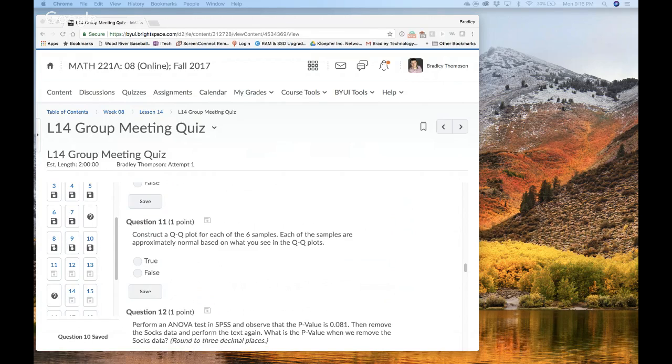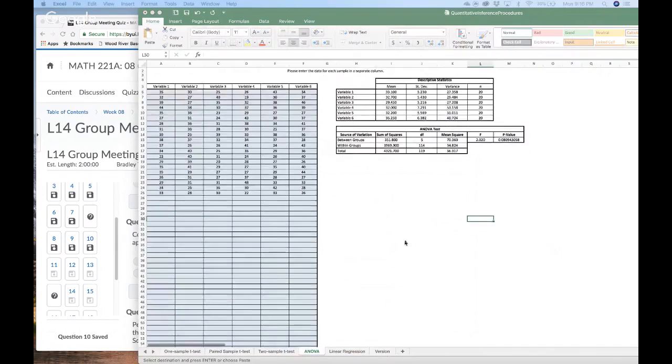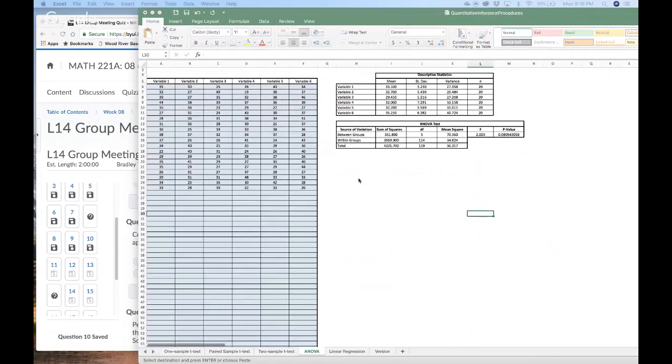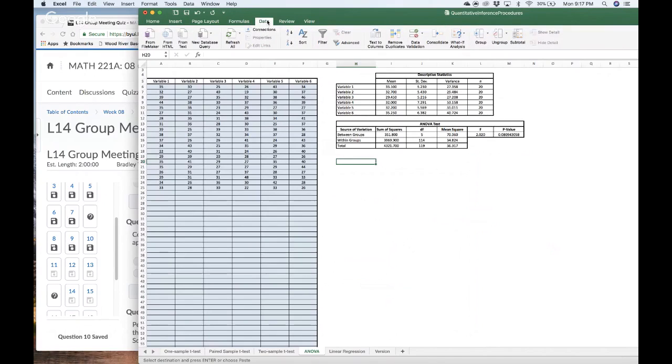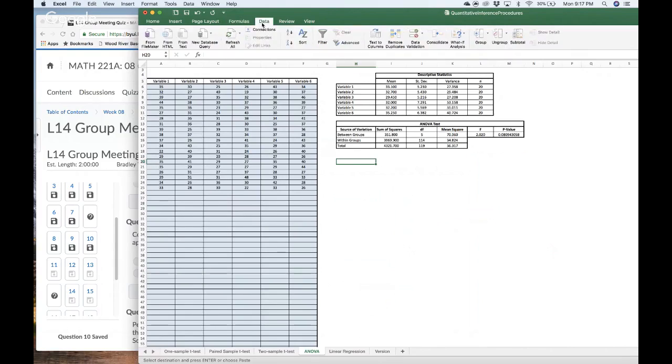I don't know how we would do it in Excel. I mean, there's probably one in here under the tables.